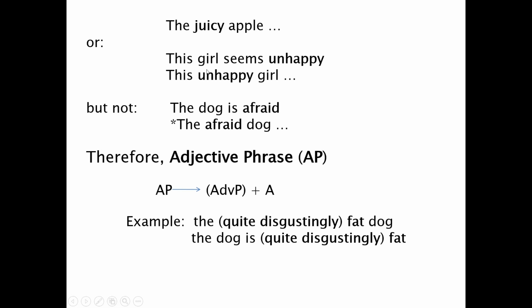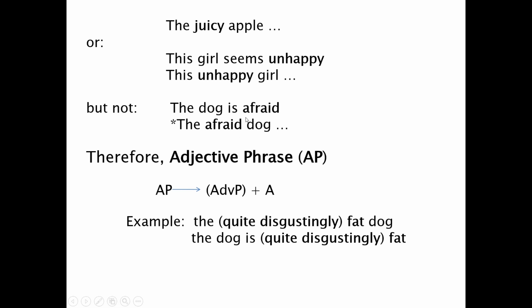But remember, I would say "a sleeping cat is happy," but I cannot say "this is an asleep cat." I cannot say this. The dog is afraid. I cannot say "the afraid dog," because this is an a-adjective: afraid, asleep, aloof, alone.